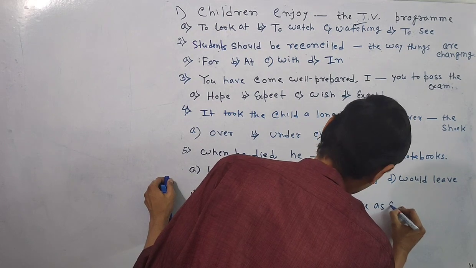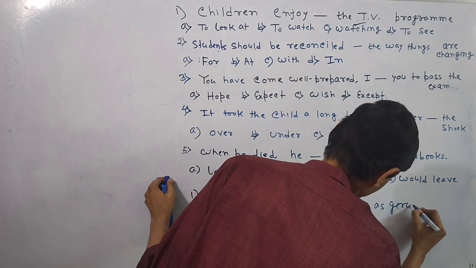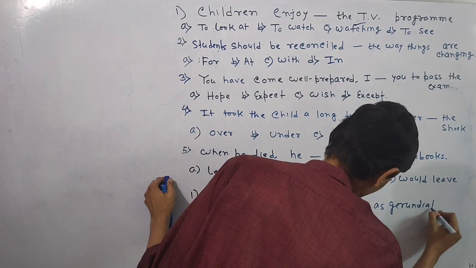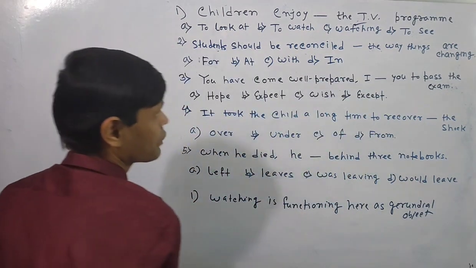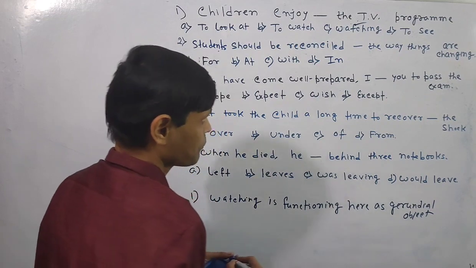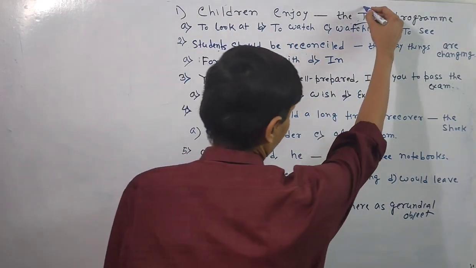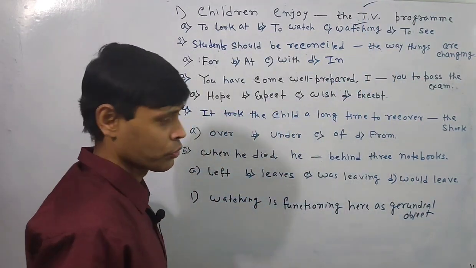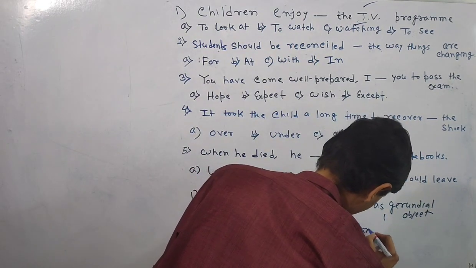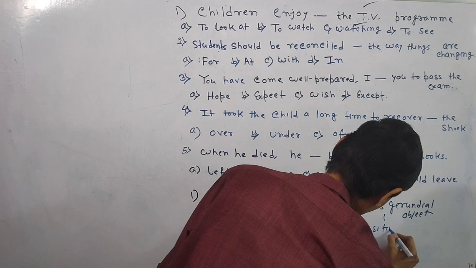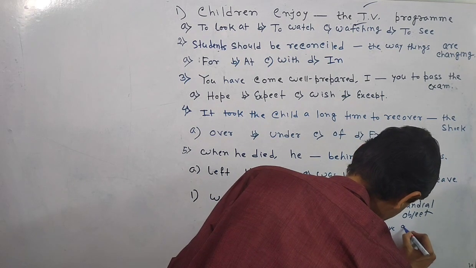If you ask what kind of gerund, I should say it is a transitive gerund, as after this the direct object is going to follow. So it is actually called the transitive gerundial object. In this way we can bifurcate the English grammar.